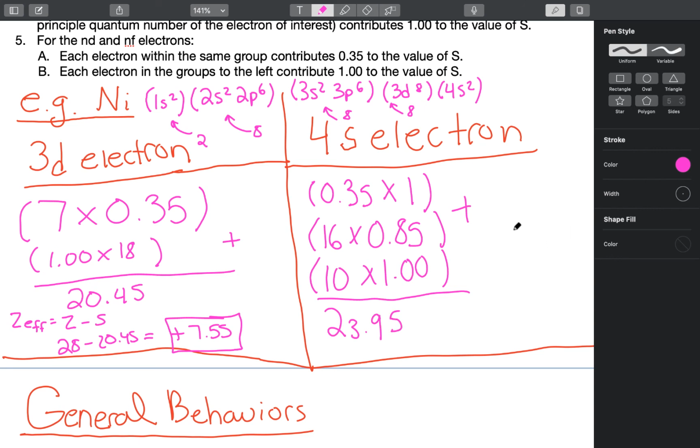And now our effective nuclear charge is equal to Z minus S, and Z is equal to 28, which is the atomic number of nickel, minus S, which is 23.95, and the answer that you should get is plus 4.05. So that is the effective nuclear charge acting on the 4s electron.